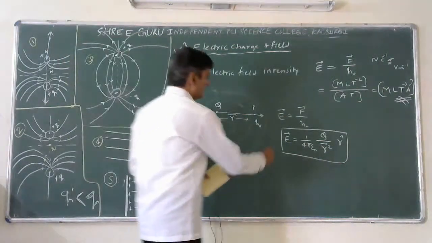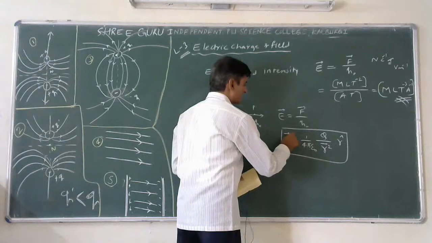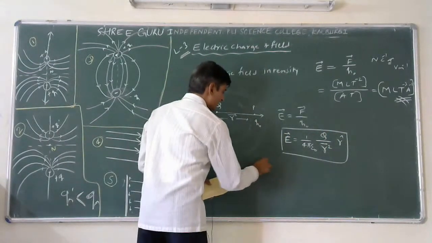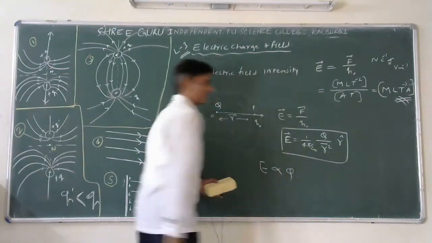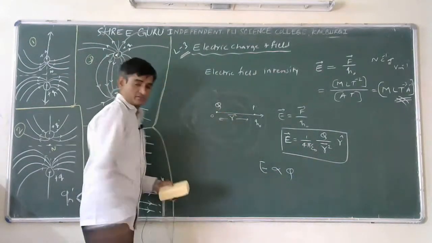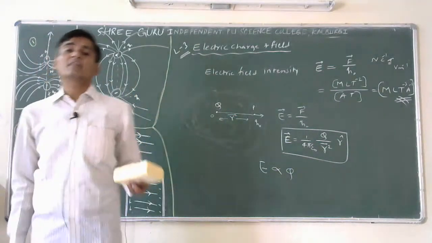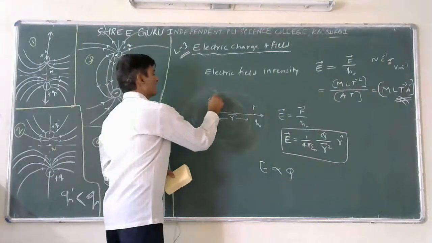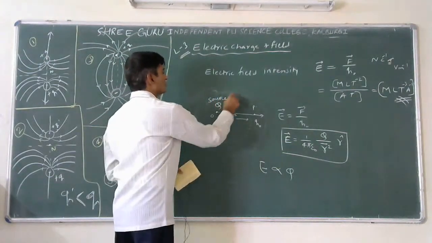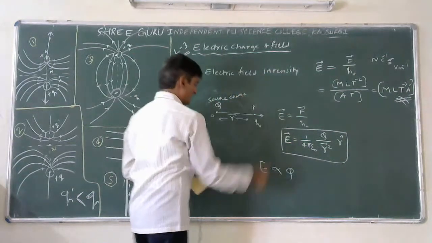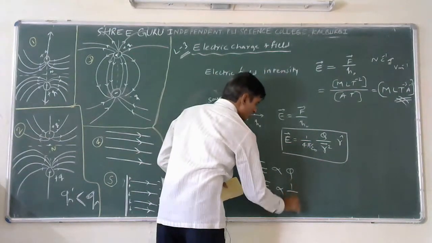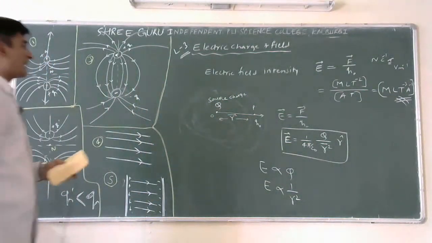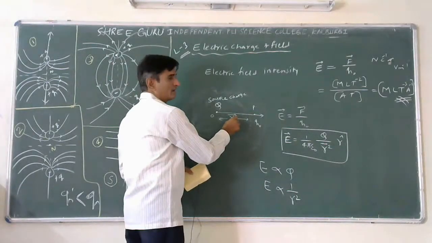We observe that the magnitude of the electric field intensity is directly proportional to the amount of source charge. It depends upon how much source charge there is, and also it is inversely proportional to the square of the distance of the point from the source charge.